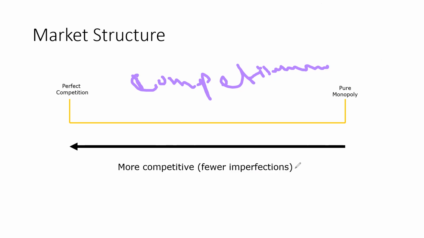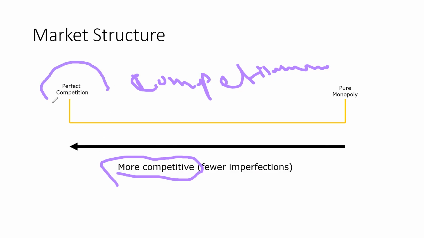If we consider competition from left to right, here is more competitive, where there may be a very large number of sellers and buyers in the market, therefore more competitiveness can be seen.